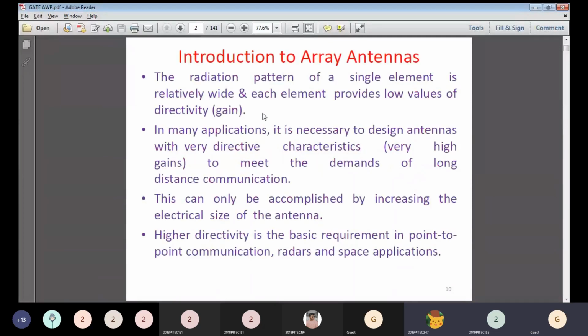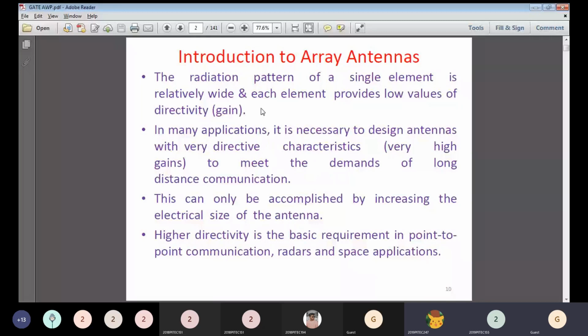It is a system of similar antennas oriented similarly to get greater directivity. It may also be defined as a radiating system consisting of several spaced and properly phased radiators.